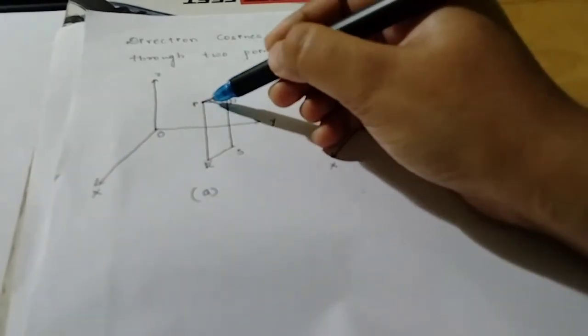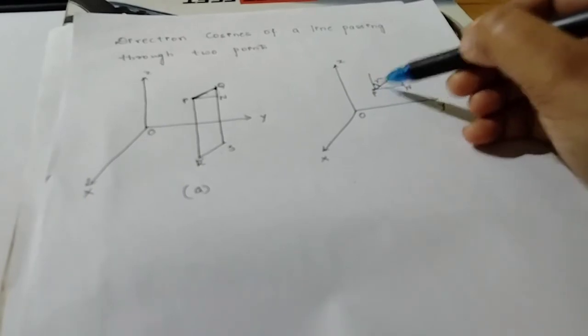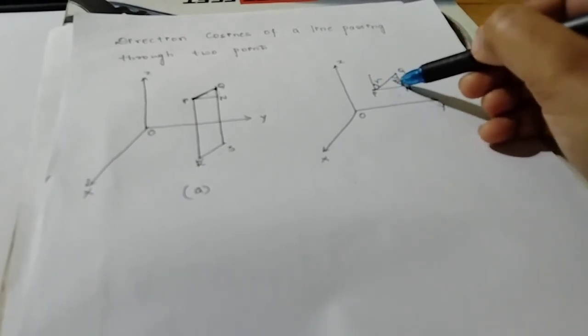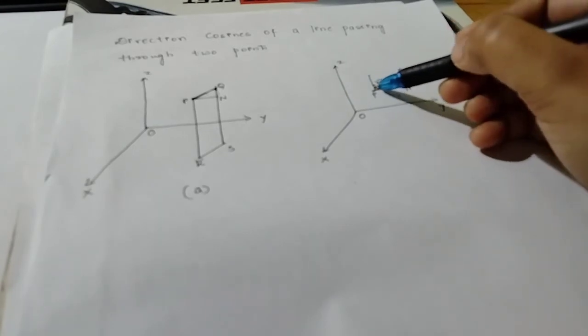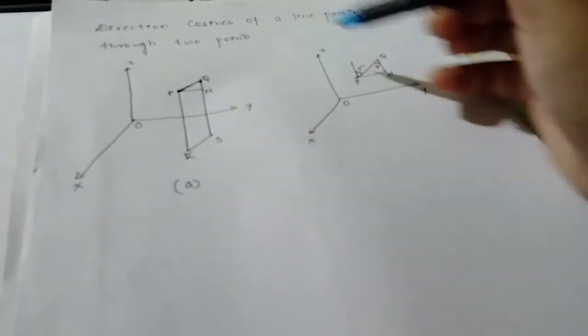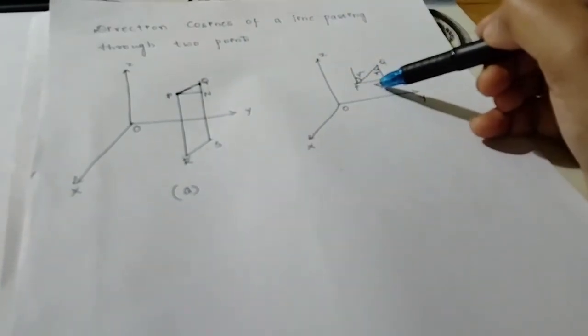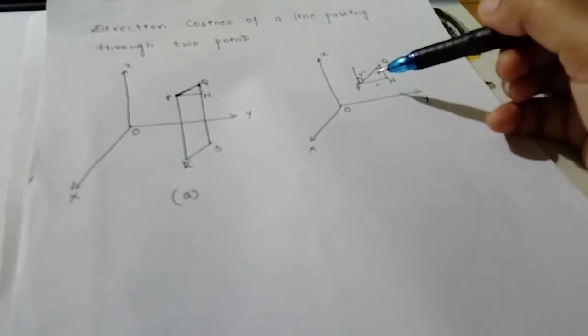We take the portion of the PQN triangle. This angle I have named gamma. If this is gamma, then this will also be gamma. This portion of the triangle has been derived here. You know that only one line can pass through 2 given points.